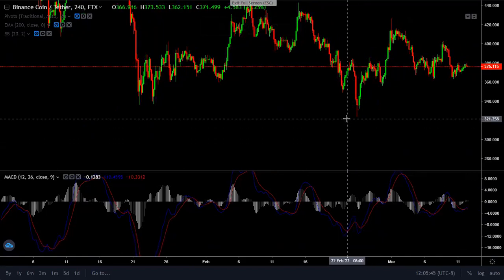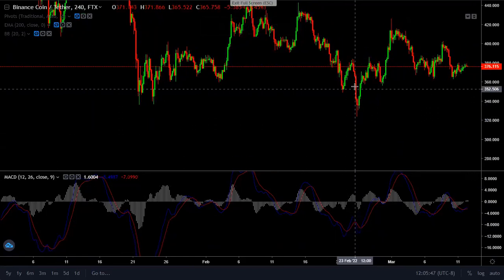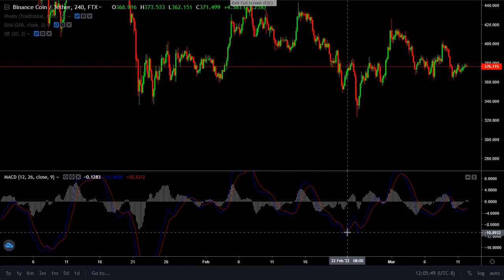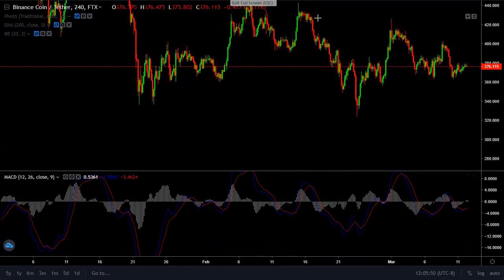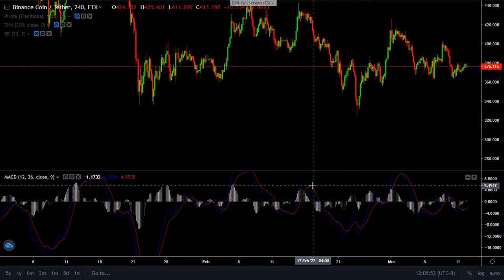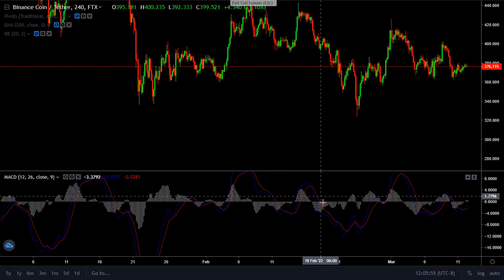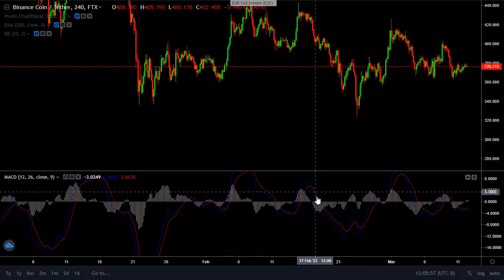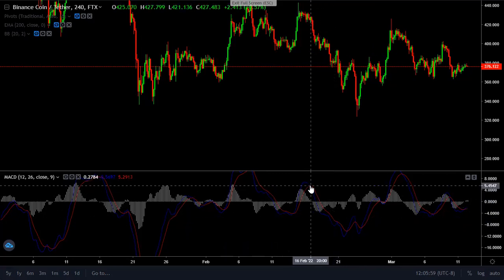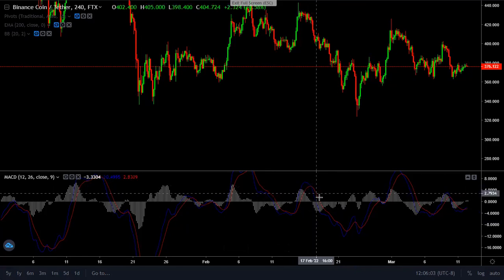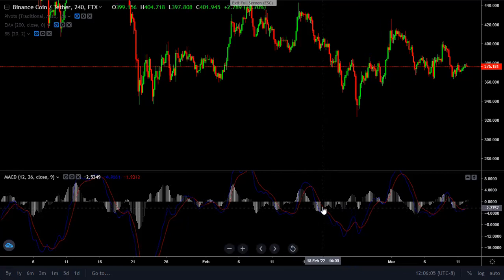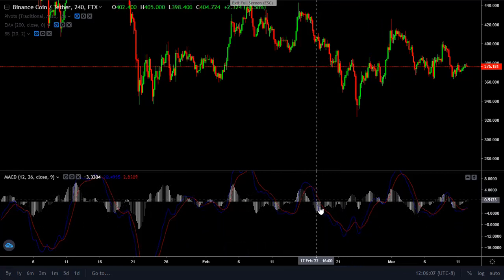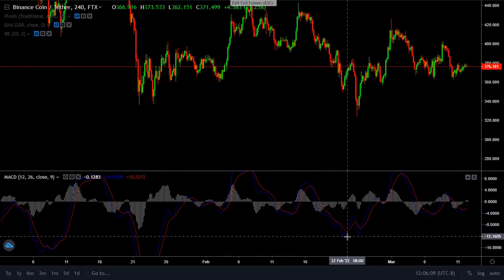Okay, so look at it. Let's just start from here. At this very point, see how the market has been going. You can see that at this very point the signal line was above the MACD line. In other words, the MACD line went below the signal line. Look at where the crossing occurred. So immediately there was this crossing, the market actually started tanking, started going down. Immediately the MACD line went below the signal line, the market actually started going down.